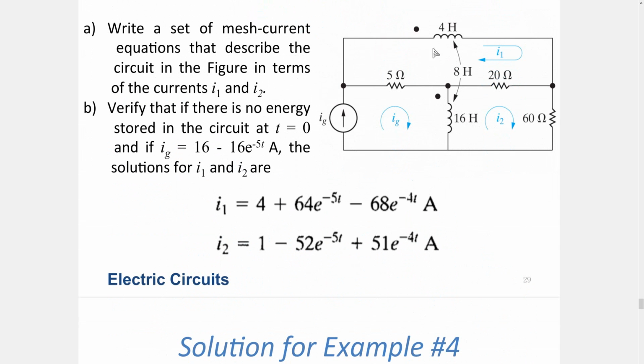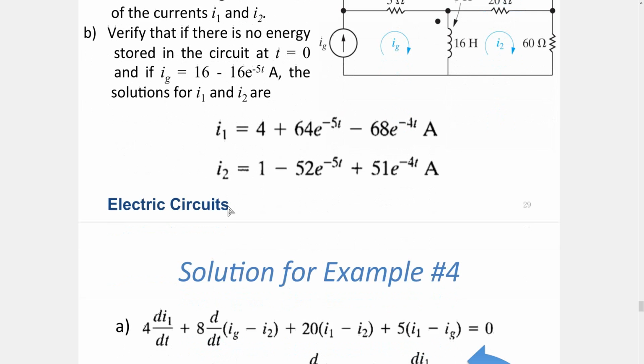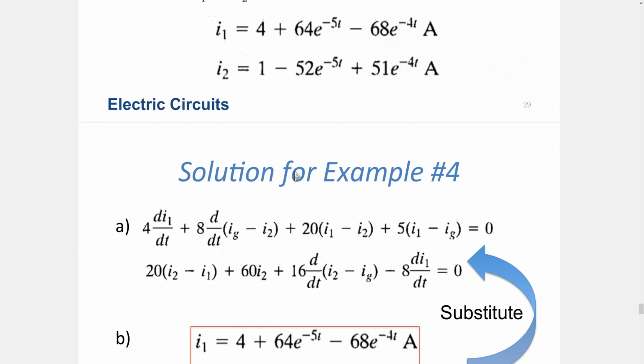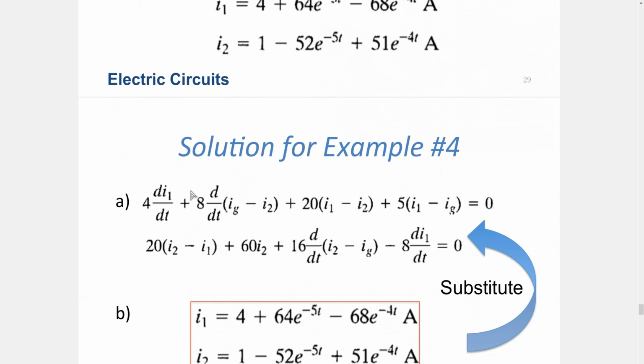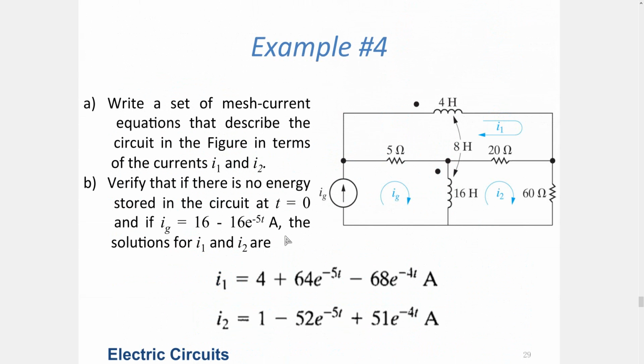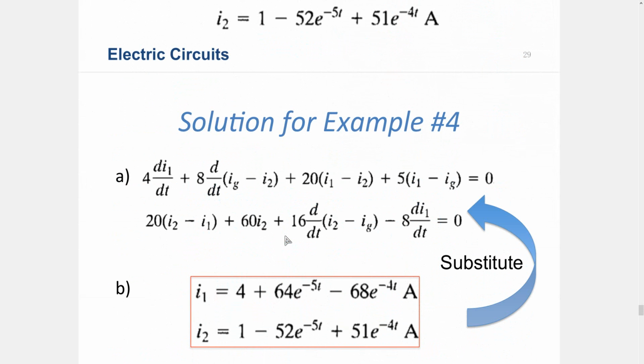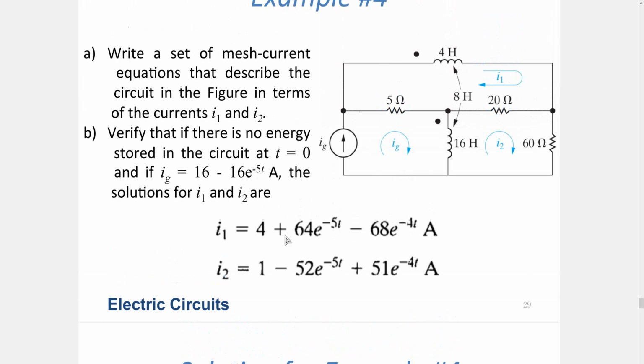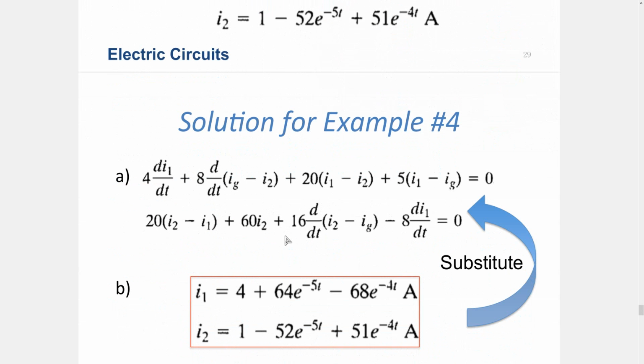This is why that current times the mutual inductance has to be accounted here. This looks weird, but because of this coupling effect, we have to consider that. Then 20 times (I1 minus I2) plus 5 times (I1 minus Ig) is used to compute the circuit, basically equals 0. This is the KVL equation.